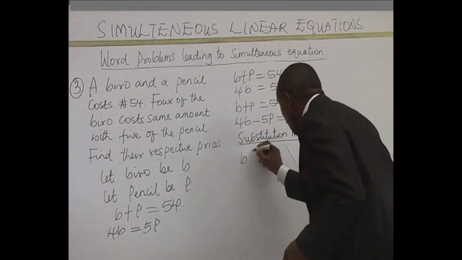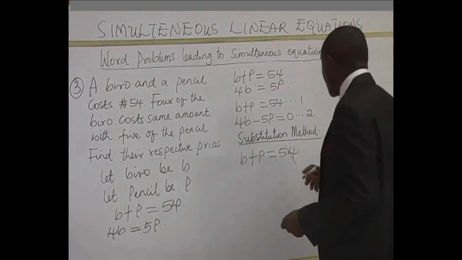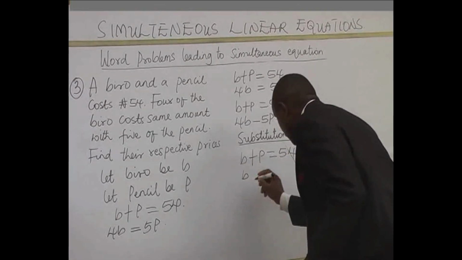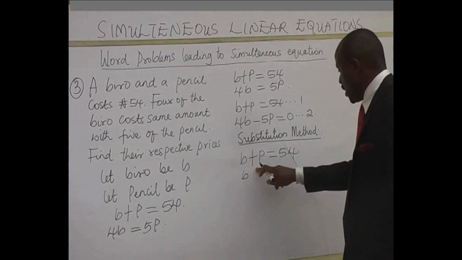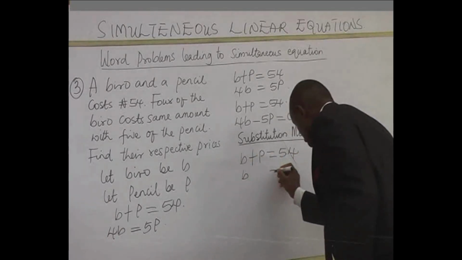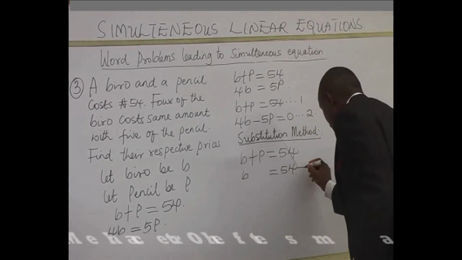B plus P is equal to 54. That is equation 1. B, if plus P should leave the left hand side of the equation to the right hand side, it will change to minus P. So we now have 54 minus P.